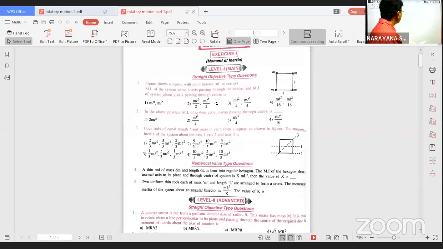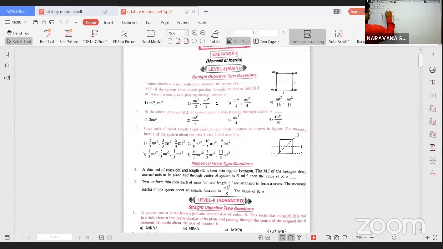In the first problem, there is a square frame. 4 identical particles each of mass m are kept at the 4 corners of the square. This is the center. The x-axis and y-axis pass through the center.